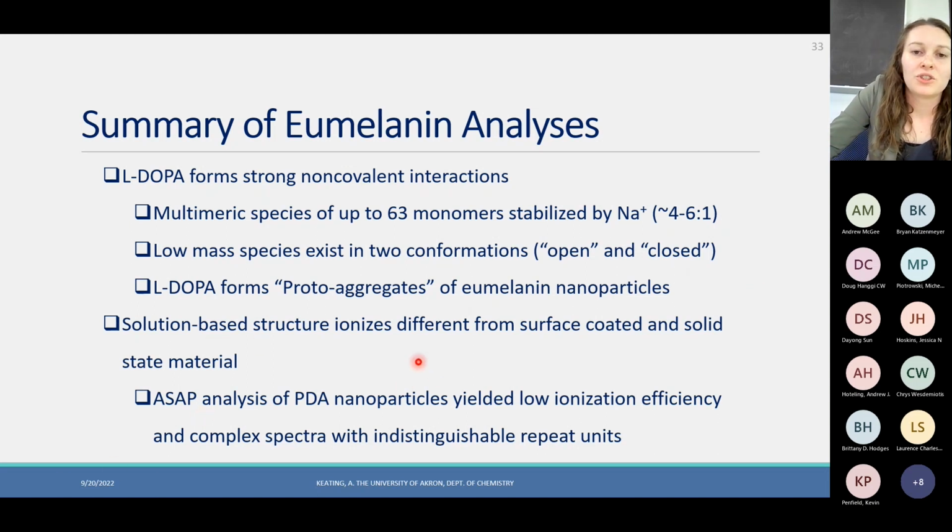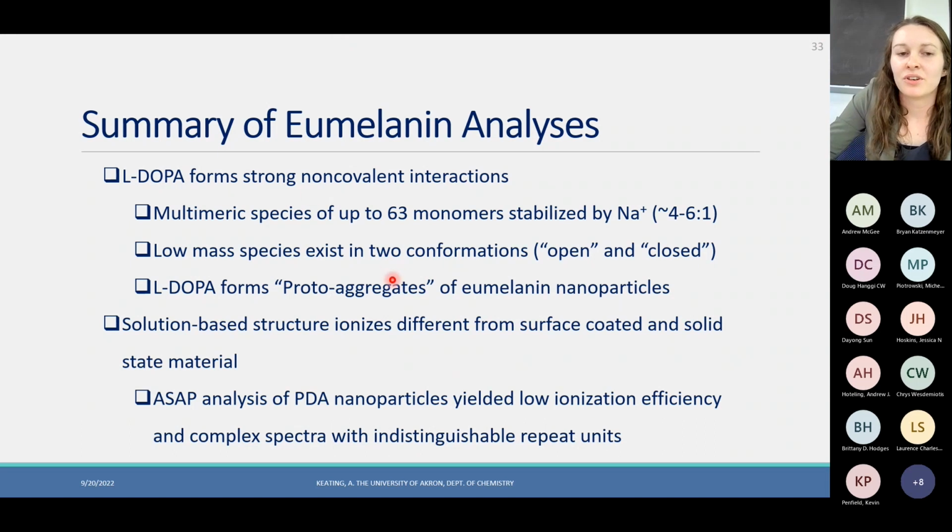From the solid and solution-based comparison, so far it seems that the solution-based structure ionizes entirely differently from the surface-coated and solid-state material, indicating potential cross-linking or different chemistries happening. The ASAP analysis of the nanoparticles so far has yielded extremely low ionization efficiency, and I am unable to get the same spectra from the same sample using 3 different capillaries dipped in it.